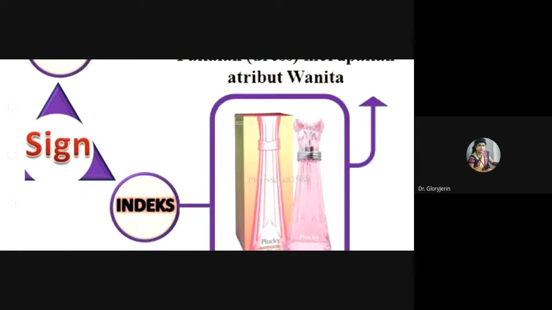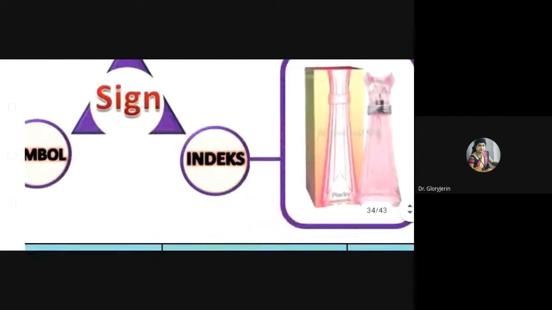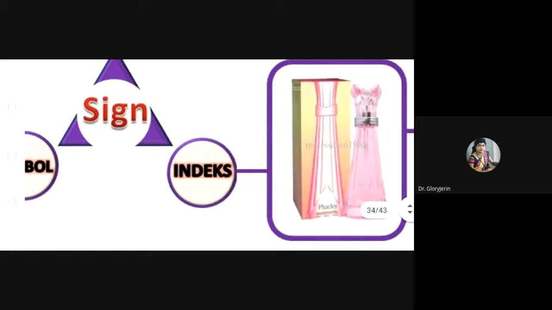For example, the bottle shape is a dress, which is an attribute of a woman, causing us to assume that the user is a woman who usually wears a dress. Not me, I'm a man, I don't wear a dress. So with this perfume bottle, this dress, the user must be a woman, not a man. This causality relationship with the reference object is an indexical sign.